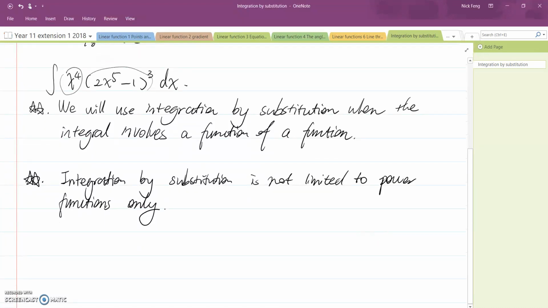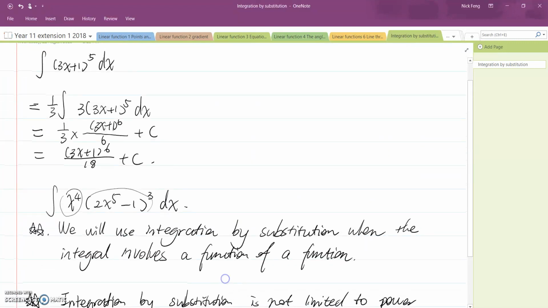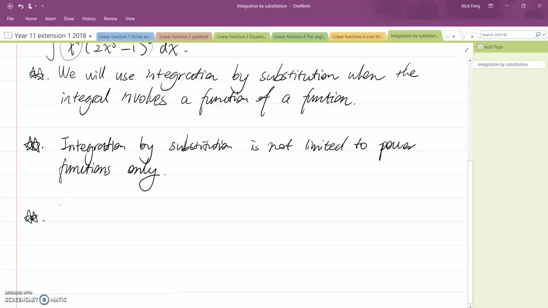We are going to be using integration by substitution a lot in any other function later on. And there's another name, which I mentioned before in the previous example when we did this kind of linear function of a function, which is reverse chain rule. And that is basically another name for integration by substitution without the substitution.